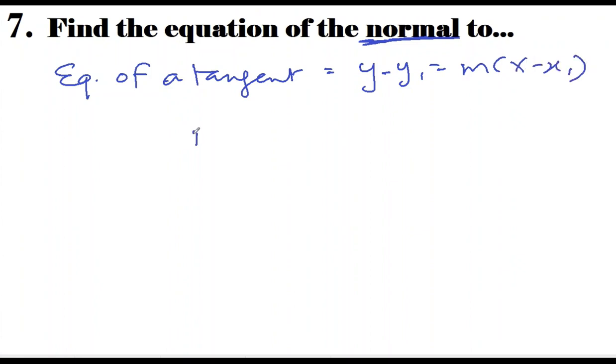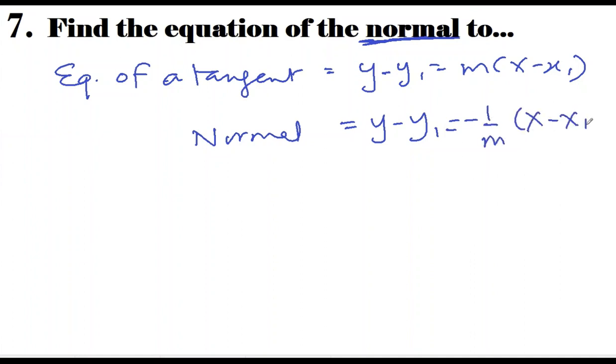The equation of a normal will be y minus y1 equal to the same m, but its negative reciprocal, times (x minus x1). So if you find m as dy over dx, just take the negative reciprocal of what you get to get the equation of the normal.